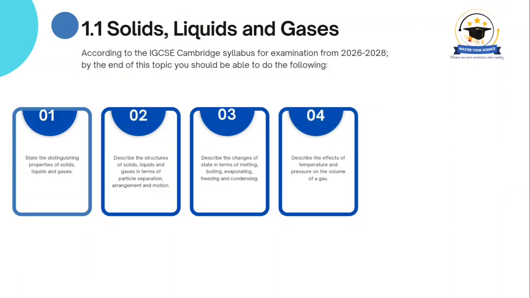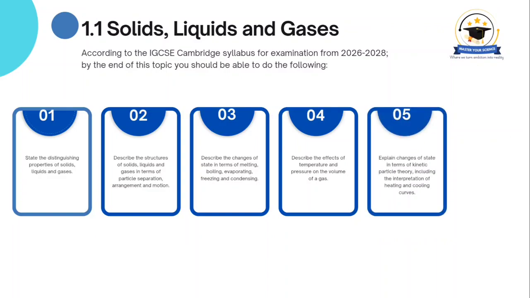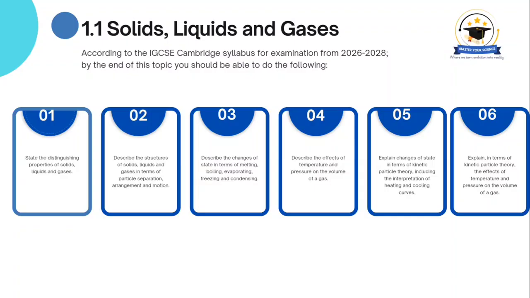Number 4, describe the effects of temperature and pressure on the volume of a gas. Number 5, explain the changes of state in terms of kinetic particle theory, including the interpretation of heating and cooling curves. Number 6, explain in terms of kinetic particle theory the effects of temperature and pressure on the volume of a gas.